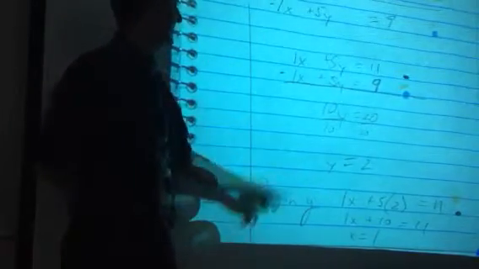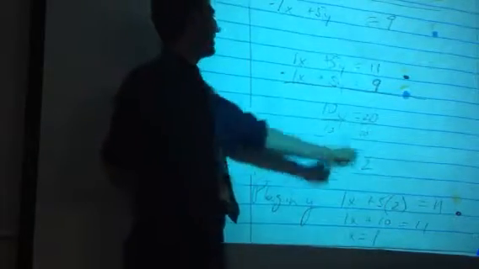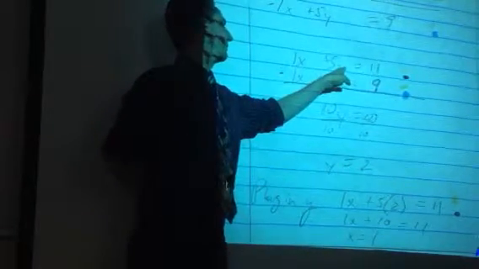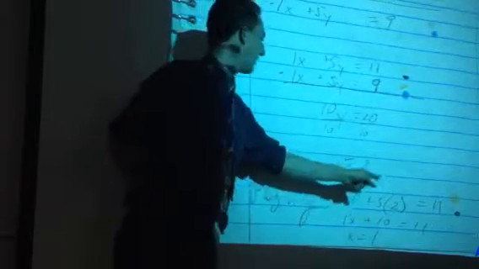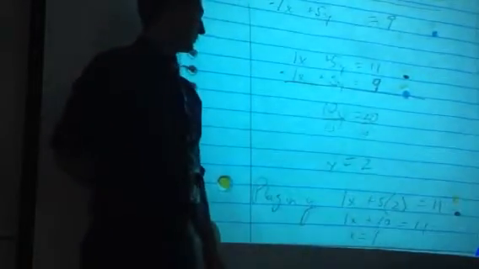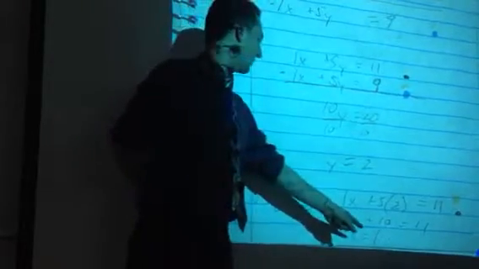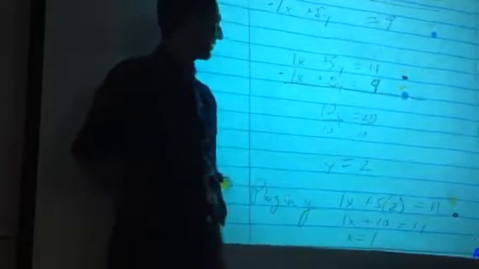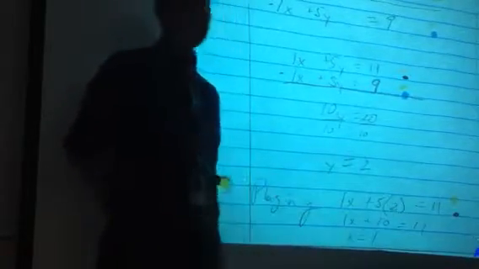Because it just has 1x plus 5y equals 11, where we already know y equals 2. So we'll say 1x plus 5 times y, 5 times 2, equals 11. And easy simplification shows us that x must equal 1. So now we know y is 2, and we know x is 1.